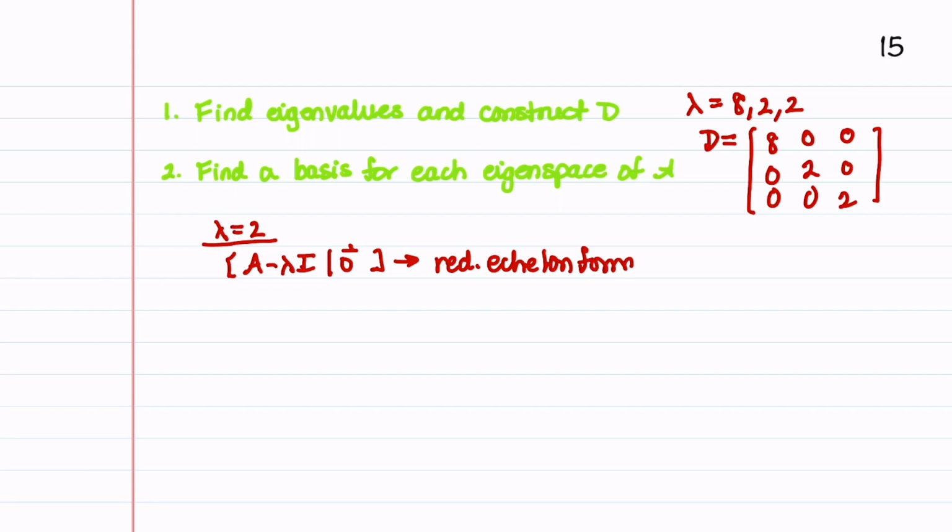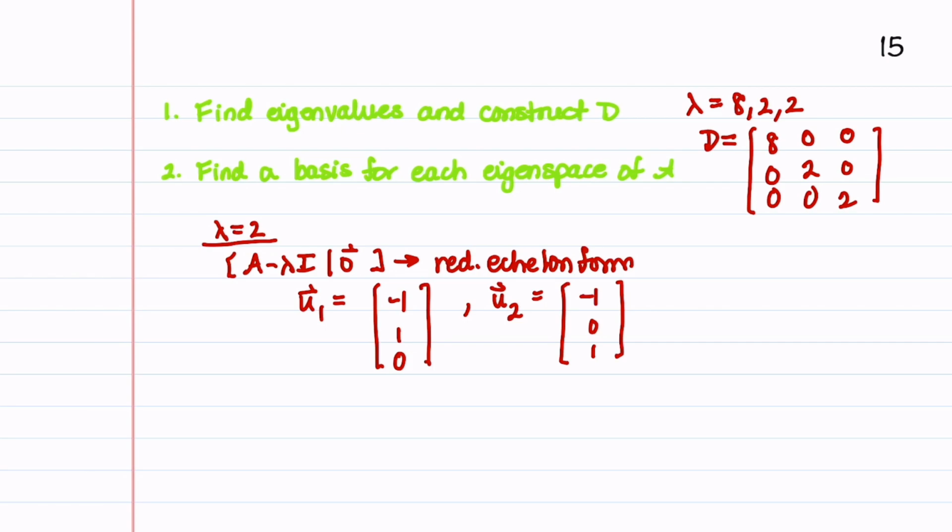You might want to stop the video and do that on your own, and you're going to end up with U1 equal to (-1, 1, 0) and U2 equal to (-1, 0, 1). You may get a slightly different answer than that. Yours may be different than mine by a scalar, and that's okay. It just depends on your choice of the free variable.